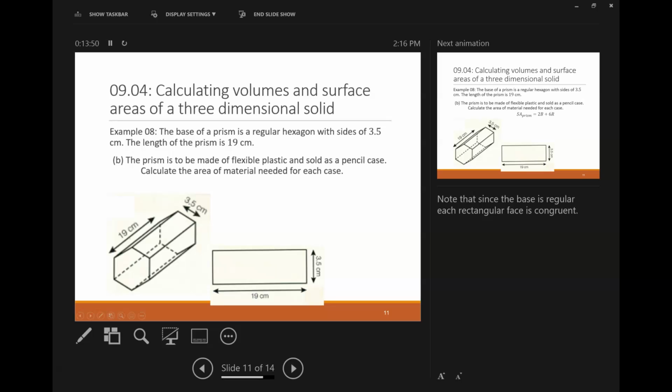So for my surface area, how many rectangles do I have here? 6 of them, right? That look like this. How many hexagons do I have? 2. So my surface area is going to be 2 times the area of the hexagon plus 6 of these rectangles. I know these rectangles are all the same because this is a regular figure.